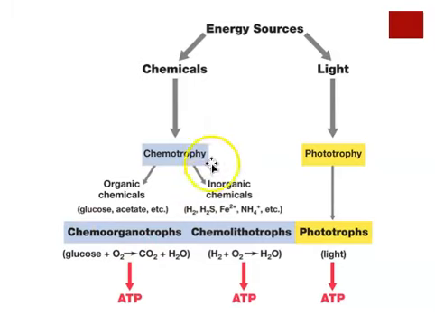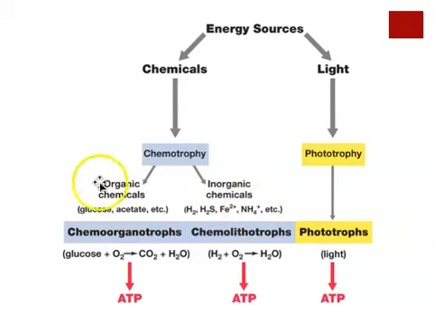Now, if you look down under chemotrophy on our diagram, you can see there are actually two kinds of chemotrophy that occur. There are the chemotrophs that get their energy out of organic chemicals. And remember, in scientific terms, organic means carbon containing. And then there are chemotrophs who are capable of getting energy out of inorganic molecules, molecules that don't contain carbon.